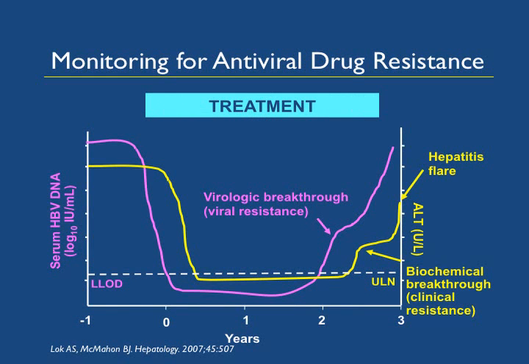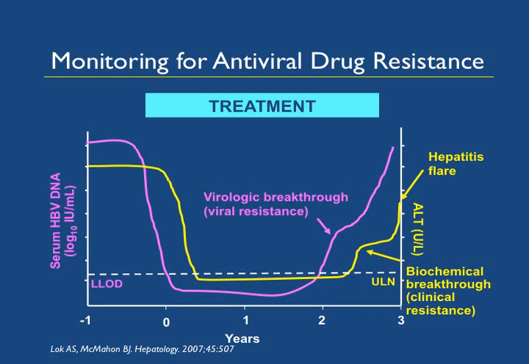One of the important reasons for monitoring viral level is that with the oral drugs, sometimes the virus may select for mutations that become resistant to the drugs. And when that occurs, you see what we call a viral breakthrough, which means that the virus dropped to undetectable or extremely low level, and while the patients are still on treatment, the virus DNA starts going up.